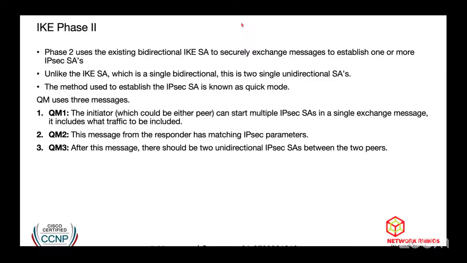Now you might be thinking, phase 1 was bidirectional, so why is phase 2 two unidirectional? When you are forming a secure connection, to check the entire road, I have to check both ways in one shot, both going and coming traffic.